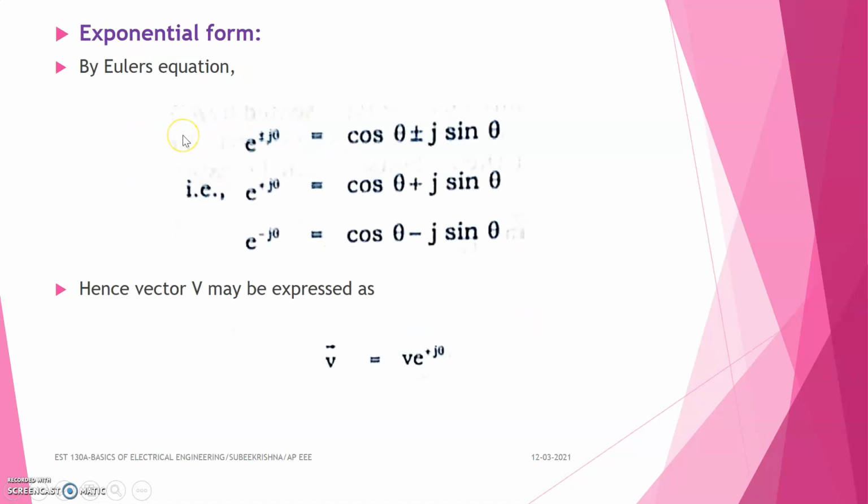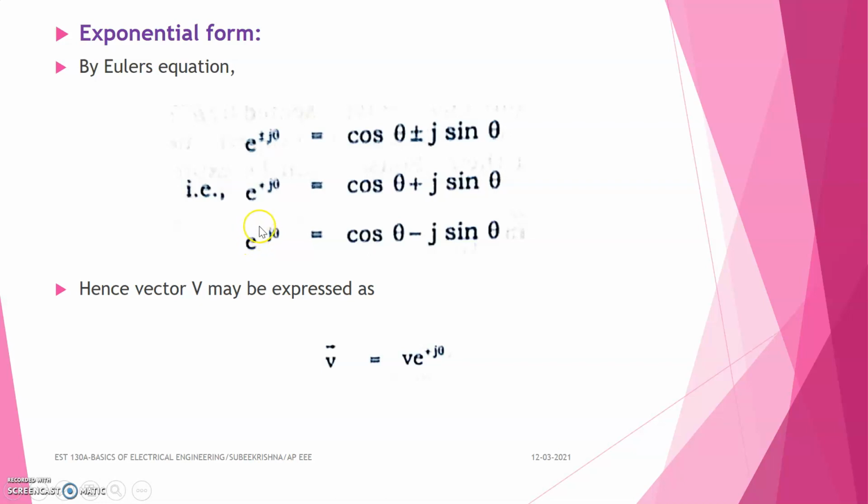The third method is the exponential form, and by Euler's equation, e raised to plus or minus j theta is equal to cos theta plus or minus j sin theta. From this relation, e raised to plus j theta is equal to cos theta plus j sin theta, and e raised to minus j theta is equal to cos theta minus j sin theta.